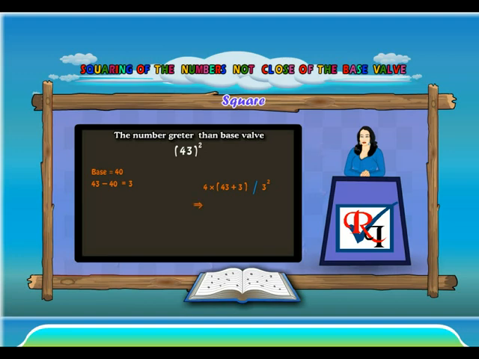Now in the next step, 4 into 43 plus 3, that is 46, and the square of 3 is 9. So what we get is 4 into 46, that is 184, and 9. Now we can remove the separator. Then finally we get 1849, which is the square of 43.